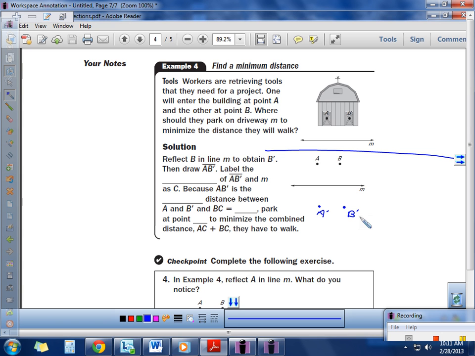But what we need to be able to do is figure out where is the best place to put their tools along this driveway based on where they are right now, so they don't have to walk as far. To do that, what you need to do is connect the opposite points.